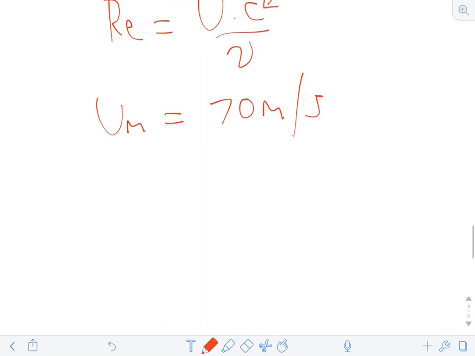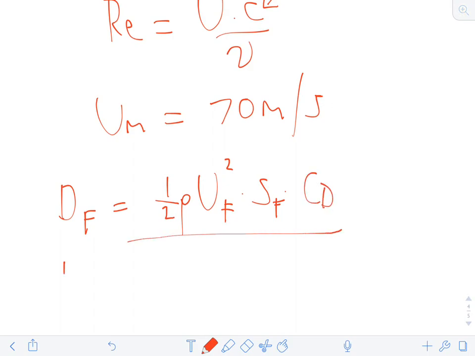The second part of the question asks, what is the ratio of the drag on the model to the drag on the full scale? The model is smaller, so we might surmise that the drag is less, but it's also subject to a higher velocity. The densities are assumed to be the same. So the drag on the full scale is equal to 1/2 rho, the dynamic pressure of the full scale, UF squared, times the planform area of the full scale, times the drag coefficient CD full.